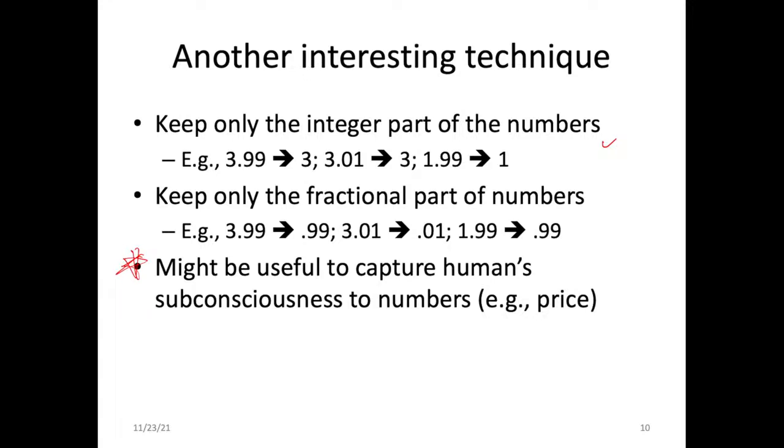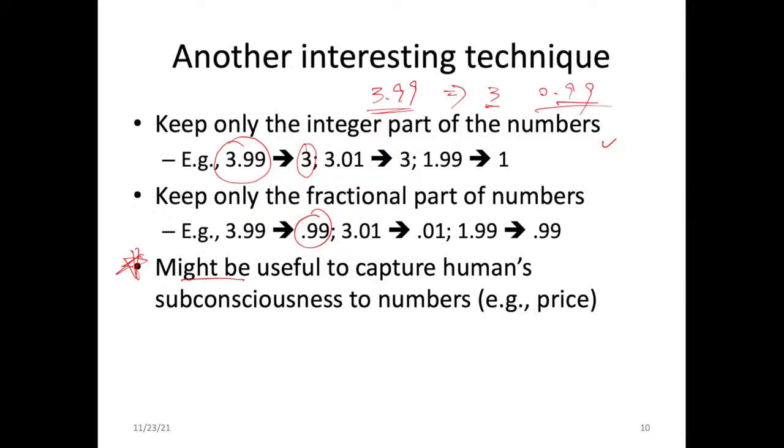It said if you have a certain feature whose value is 3.99, you should keep only the integer part or keep only the fractional part. So if you have 3.99, it becomes two features. One is 3, one is 0.99. And this sounds very strange. Why divide a feature into the integer part and the fractional part?